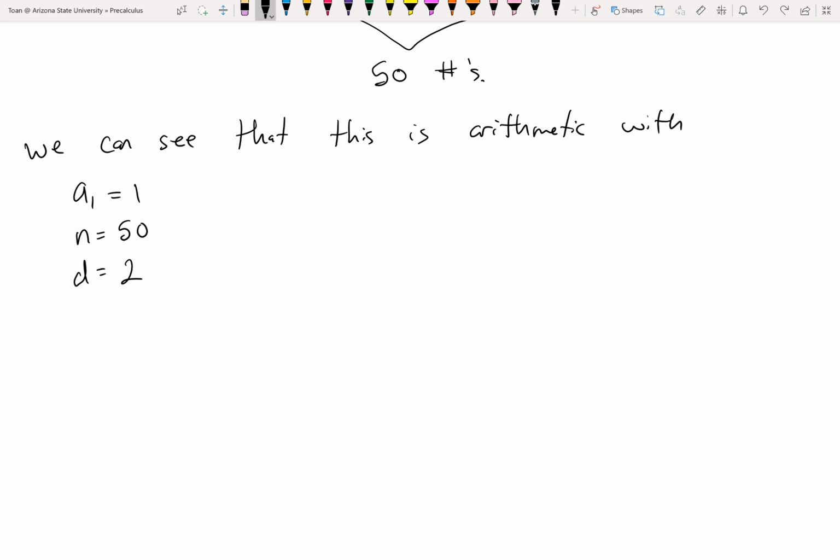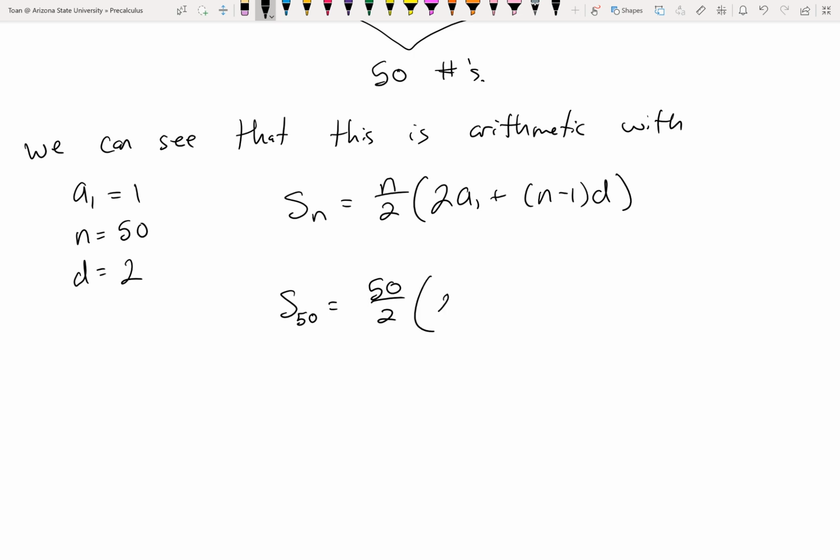So knowing that S sub n is equal to n over 2 times 2 times a sub 1 plus n minus 1 d, we have S sub 50, because that's how many numbers we want to add, equal to 50 over 2 times 2 times 1 plus 50 minus 1 times 2.